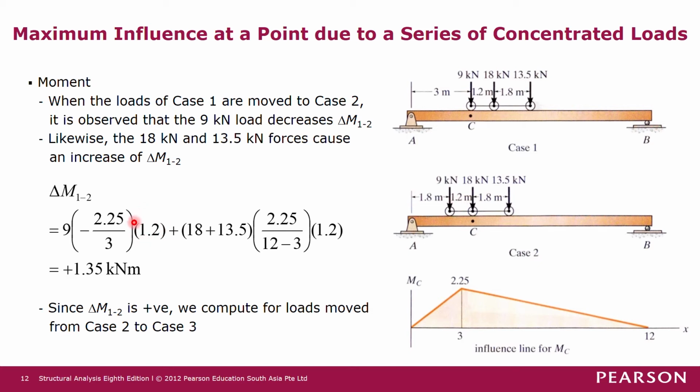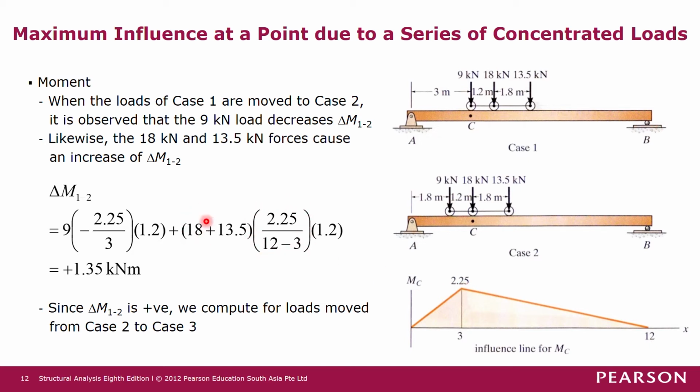And then for the 18 kilonewton force here, it also moves by 1.2 meters, but now it's on the positive slope. Okay, so this slope here is 2.25 divided by 9. Okay, so 2.25 divided by 9 is the slope, because the force now moves from right to left, so there's an increase in moment, so we take this as positive slope.